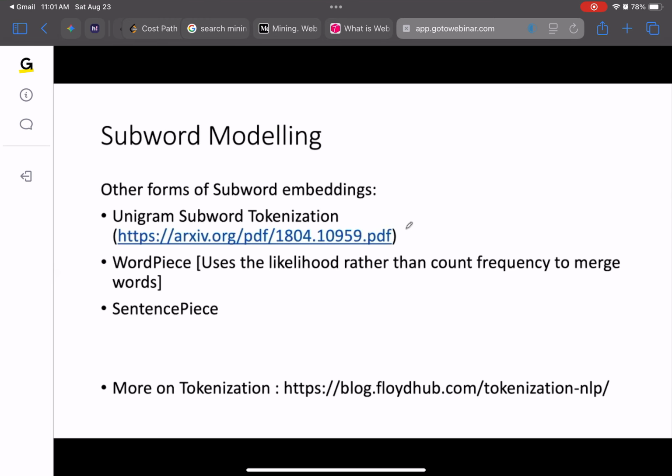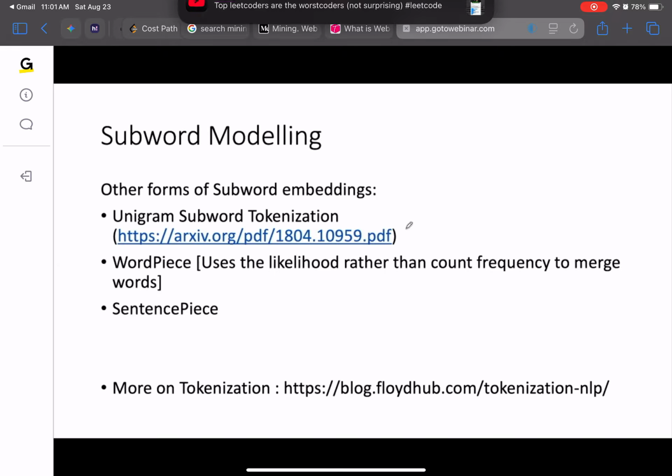There are other forms of subword tokenization, like unigram subword tokenization. It helps us prevent some of the issues that are present in byte pair encoding, because byte pair encoding can have multiple valid encodings for the same word. In order to prevent that, we introduce a concept called likelihood of pairs.